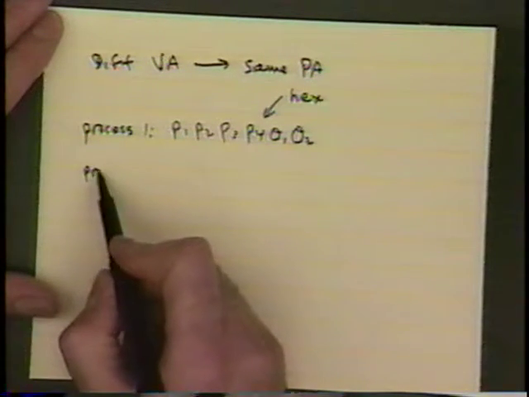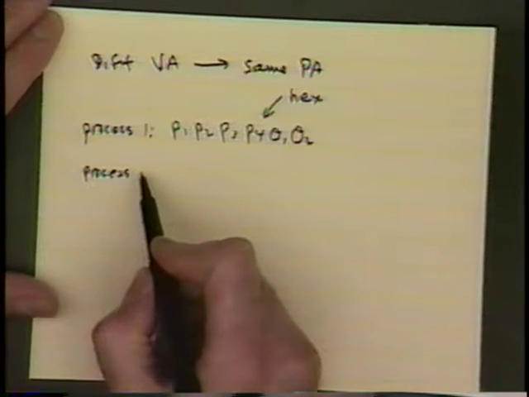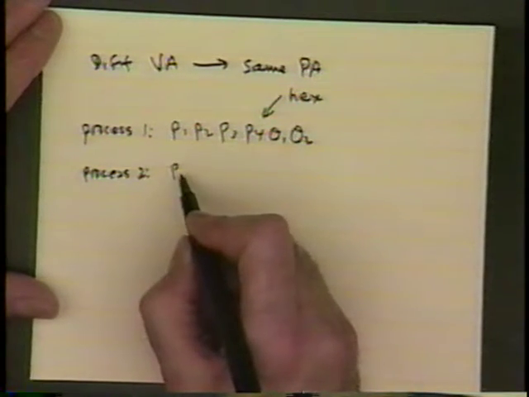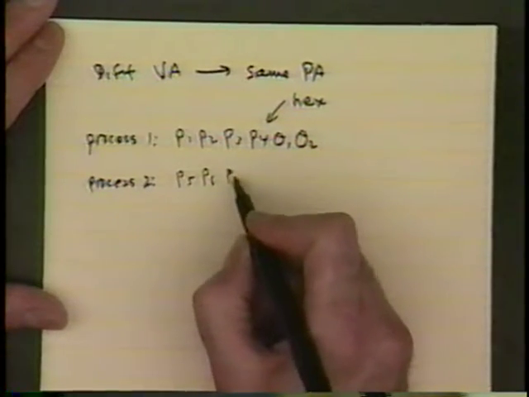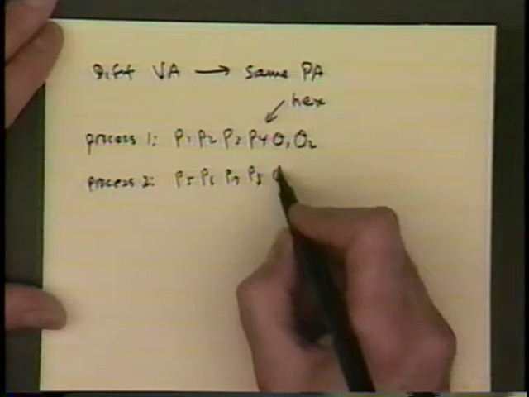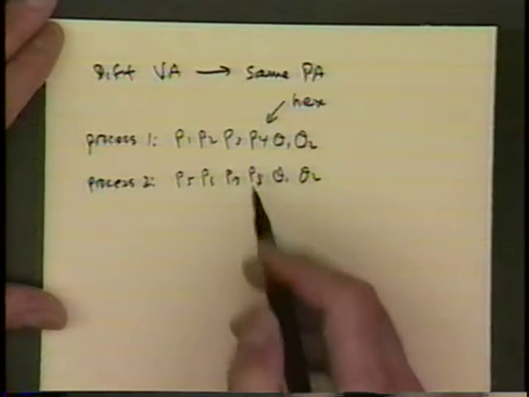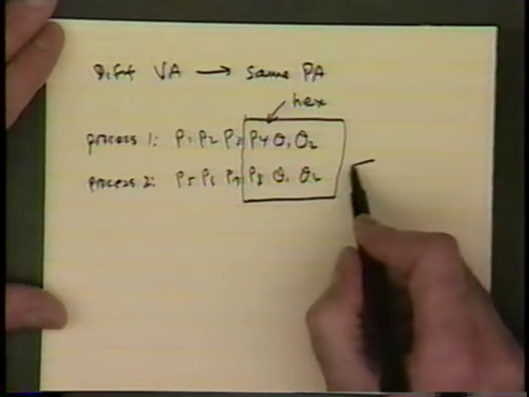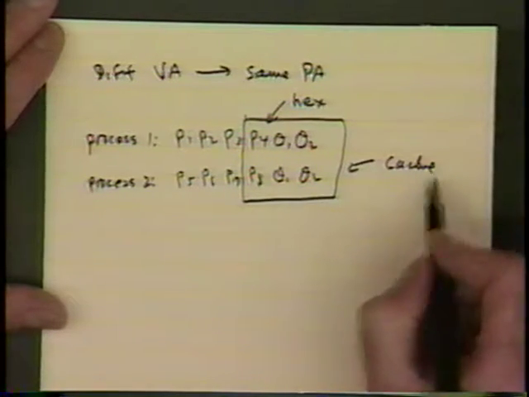And then process 2 wants to get to the same page, but it's using a different virtual address. Let's say P5, P6, P7, P8, and the same offset. And let's say that this is the part that is used for the cache lookup.